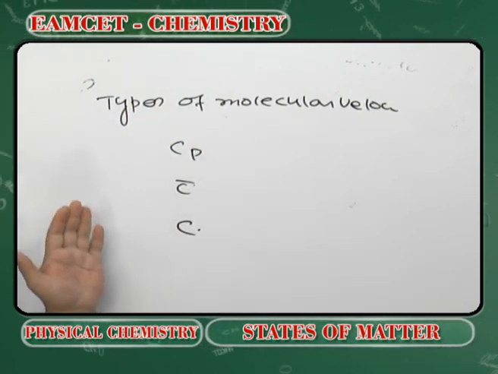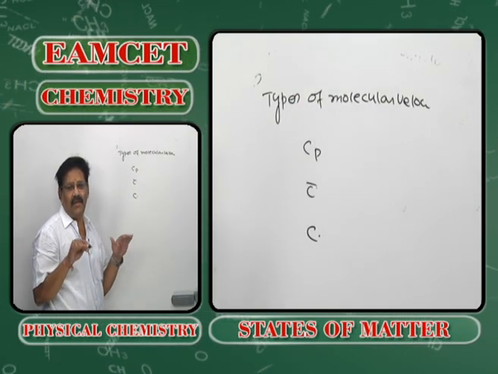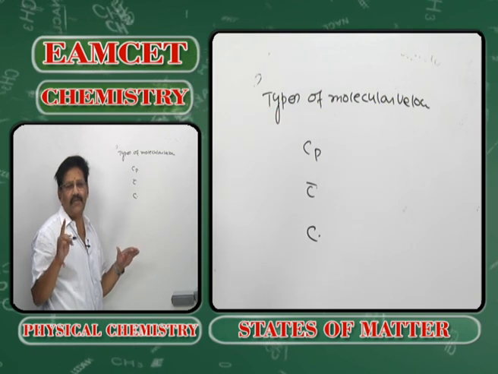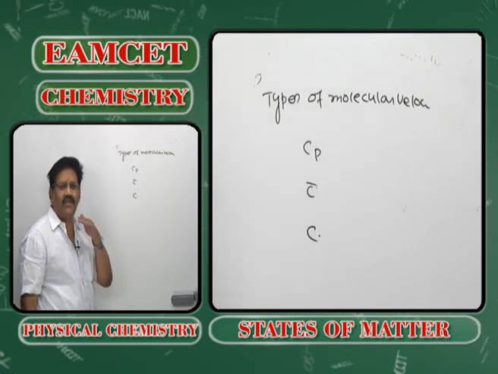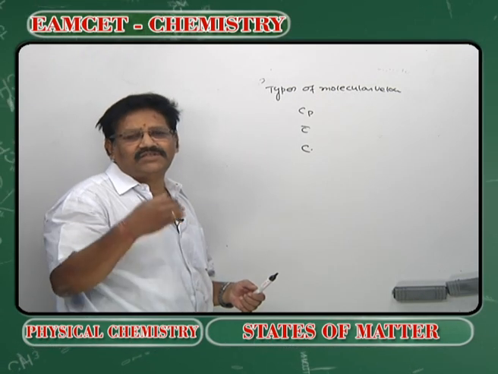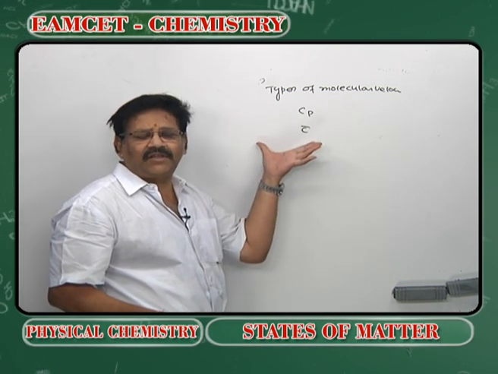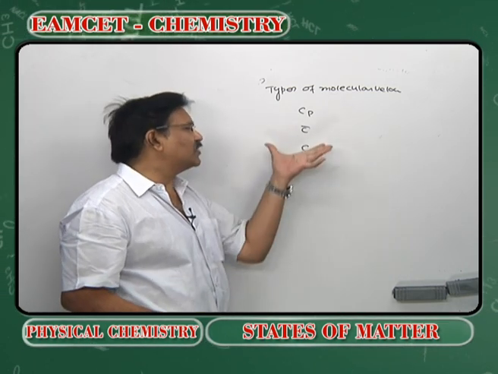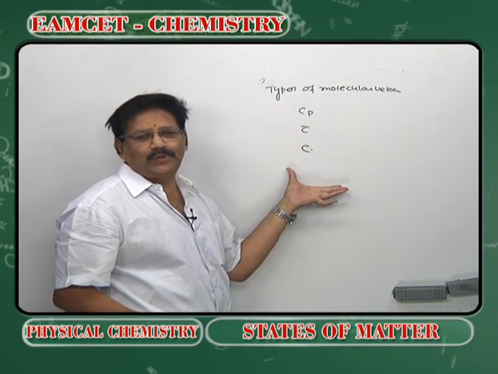At any given temperature, all the molecules of a sample of gas do not move with equal velocity. Why do they not move with the same velocity? Due to constant collisions with other molecules and also the container. That is why different types of molecular velocities are proposed.